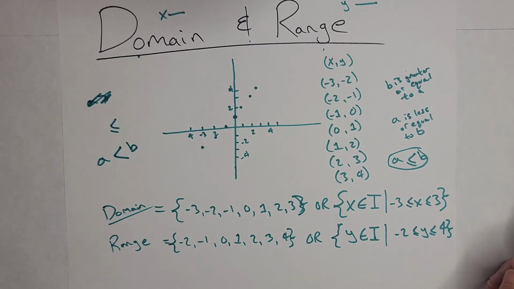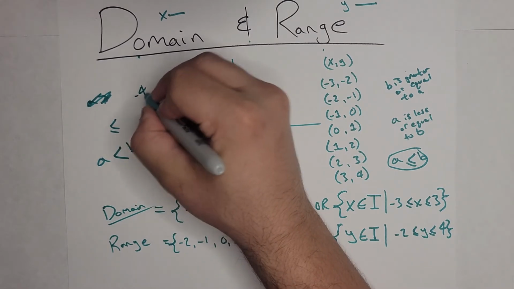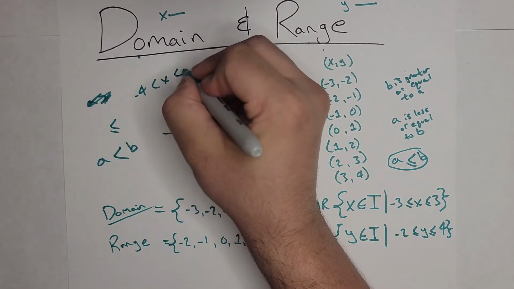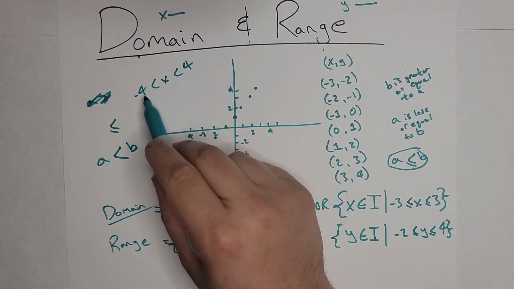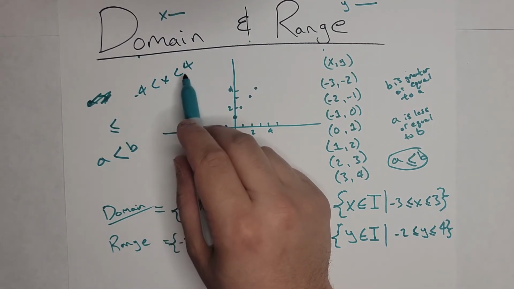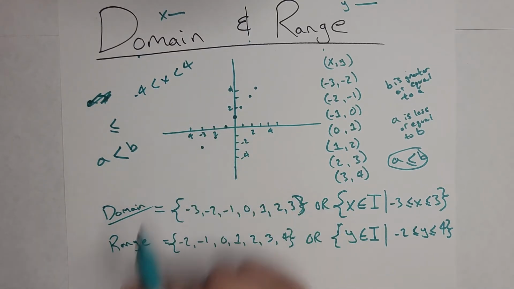So in that case, you could write this as -4, so the integers greater than -4 and the integers less than +4. So that's one example.